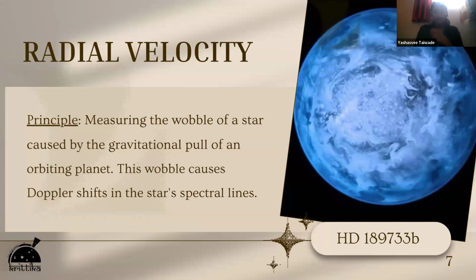This wobble causes a Doppler shift in the star's spectral lines, and according to that shift, we find out whether there is an exoplanet or not, and other parameters related to it. HD 189733b is an example of an exoplanet which was detected using the radial velocity method.